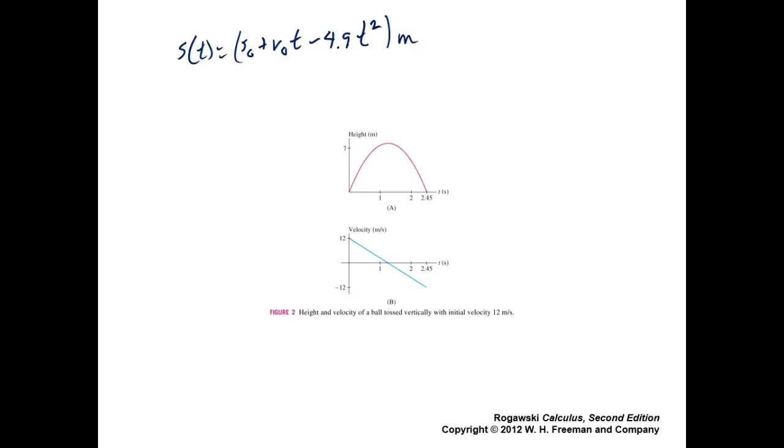That's what makes it meters. They gave you the acceleration in SI units, so therefore this has to be meters per second, that has to be meters, everything in meters. If that had been a 16 there, you'd have known it was in feet, because half of 32 feet per second squared would be 16.